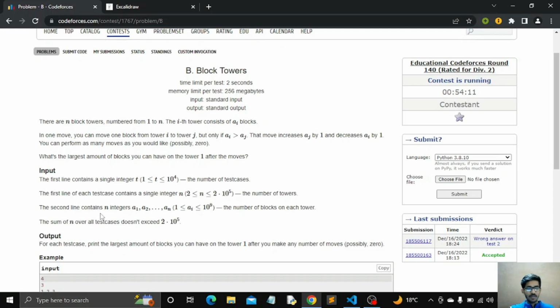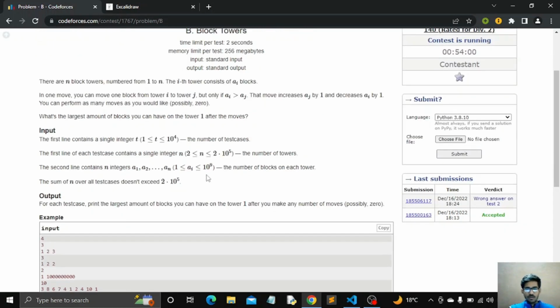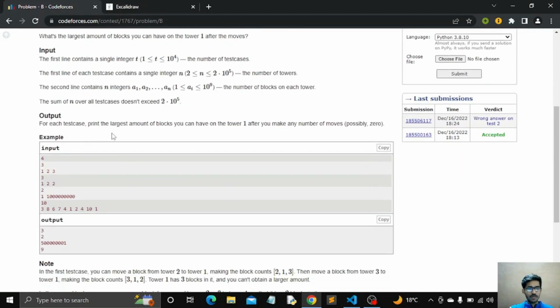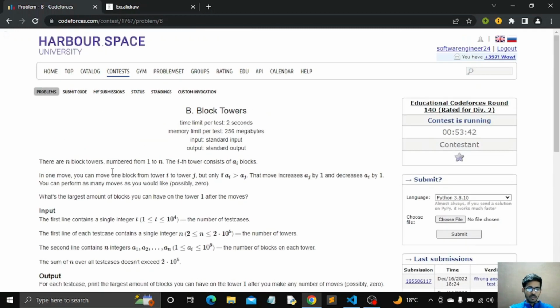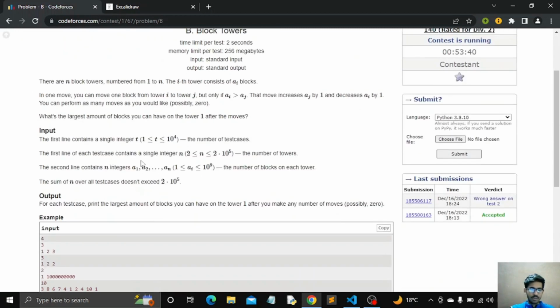In the second line, we'll be given n space separated integers representing the height of each tower. We need to output the largest number of blocks that we can have on tower 1 after performing some number of operations. So this was the entire problem statement.